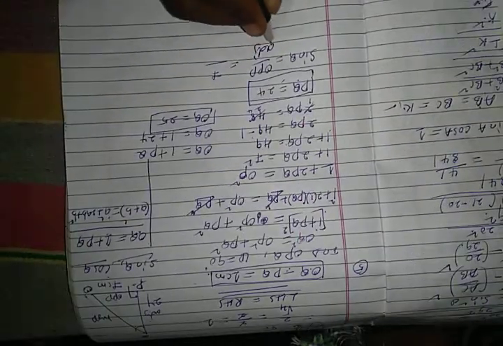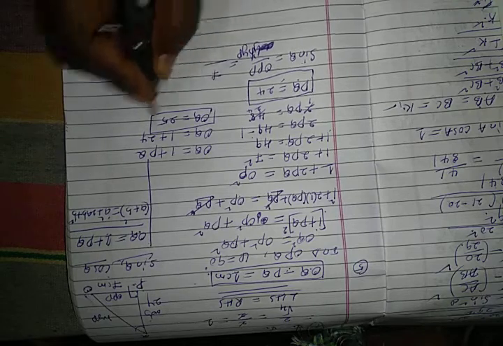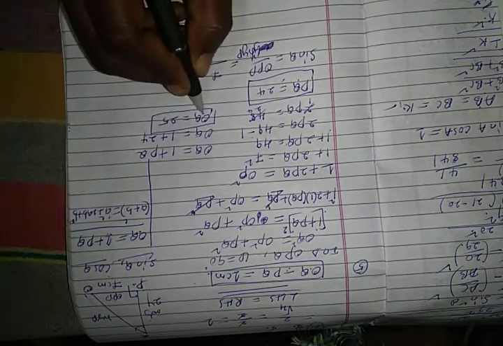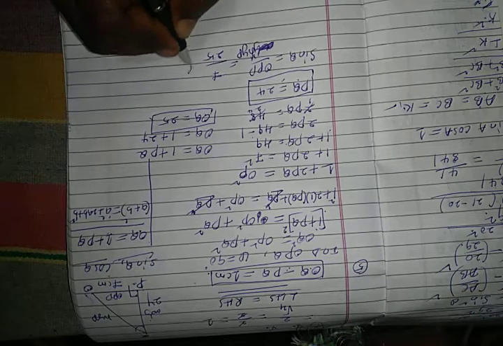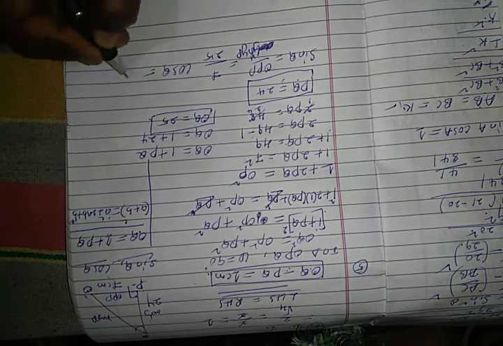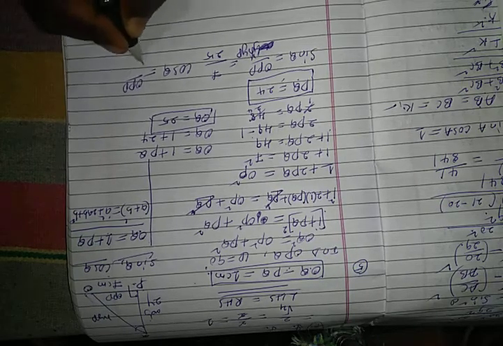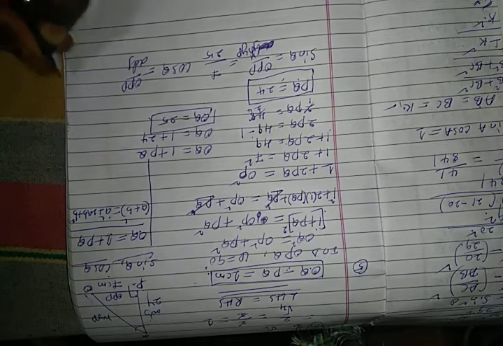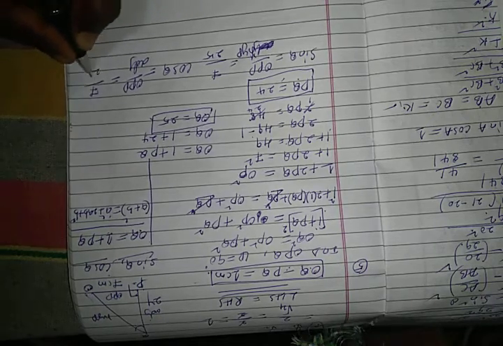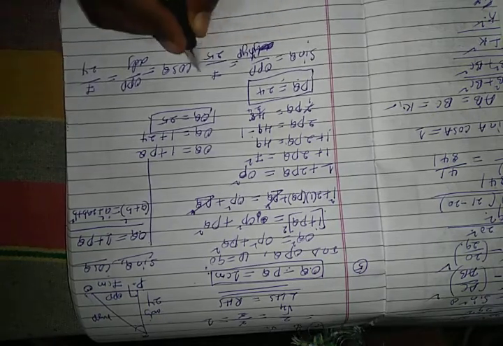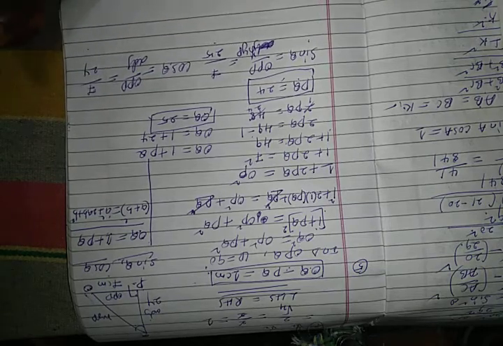What is hypotenuse? OQ is 25. And cos Q is equal to adjacent by hypotenuse. What is adjacent? 24. So sin Q is 7 by 25 and cos Q is 24 by 25.